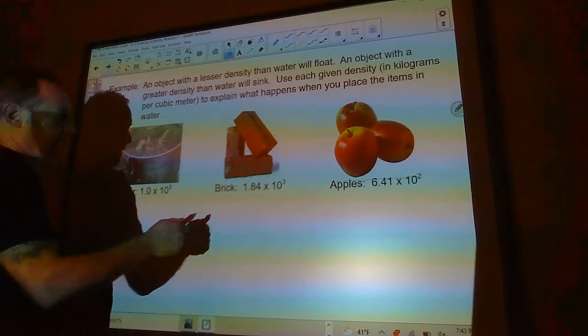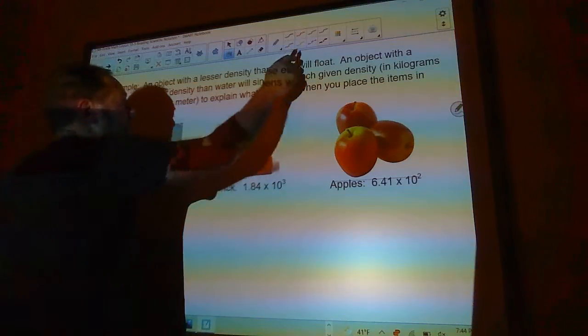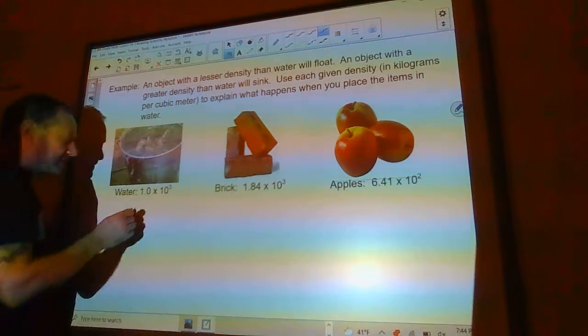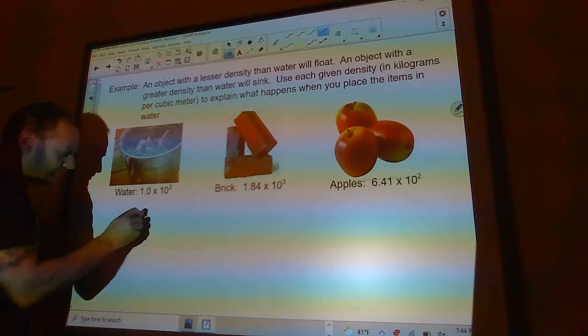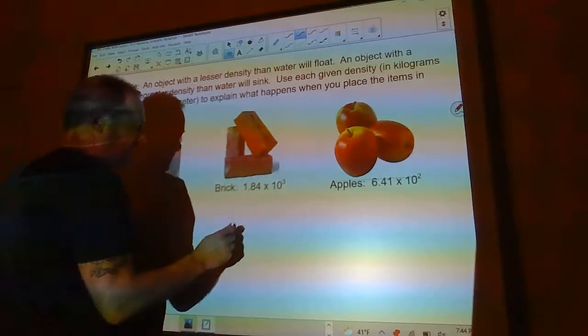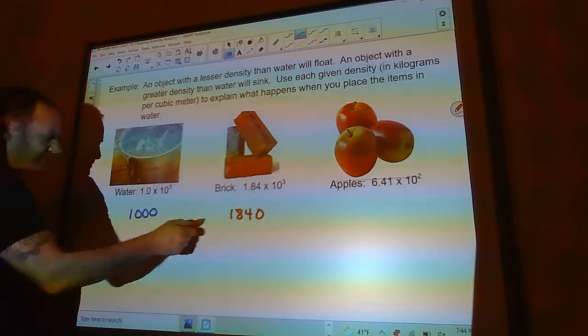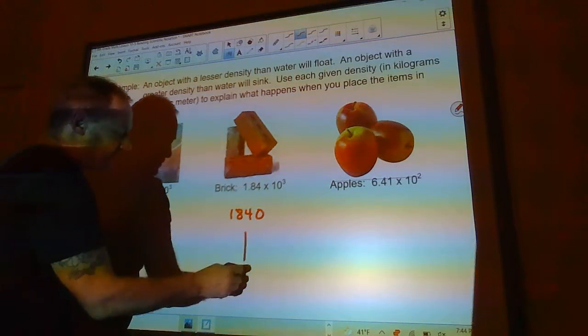A brick has a density of 1.84 times 10 to the 3rd power. Obviously, that's going to be more. If you really needed to, you could convert this to a standard form number, and then convert this to a standard form number, and that's bigger than that, so the brick is going to sink.